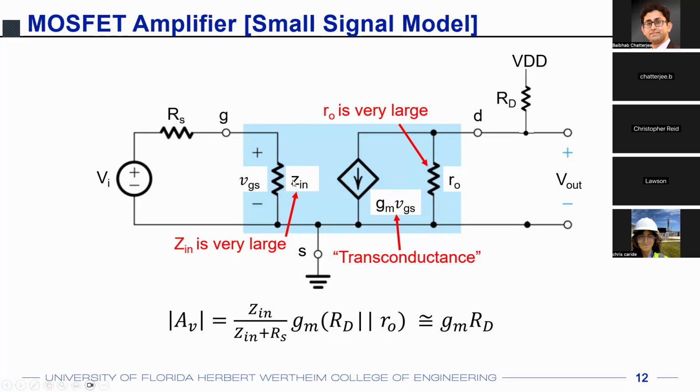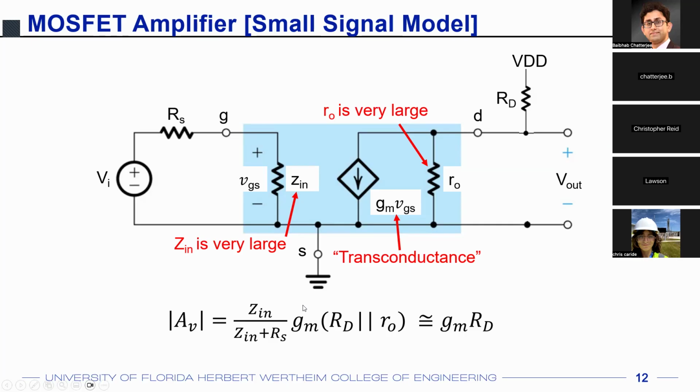Okay, so your Z in is very large. Here you see the Norton equivalence for the dependent source, and your RO for this dependent source needs to be very large, right? Because for any ideal current source, you know that the parallel resistance needs to be a large one.